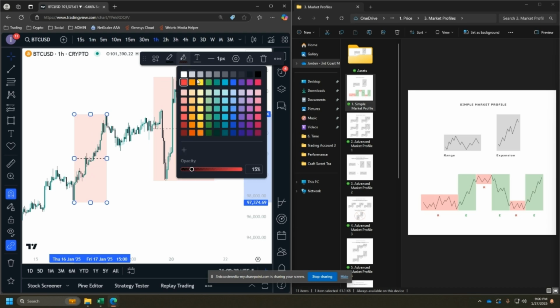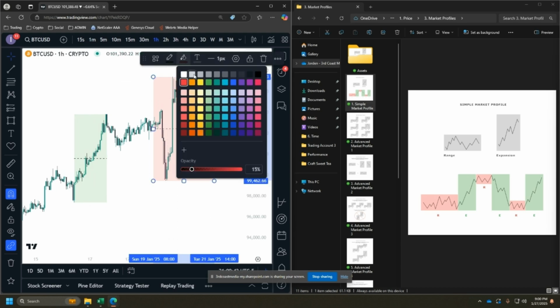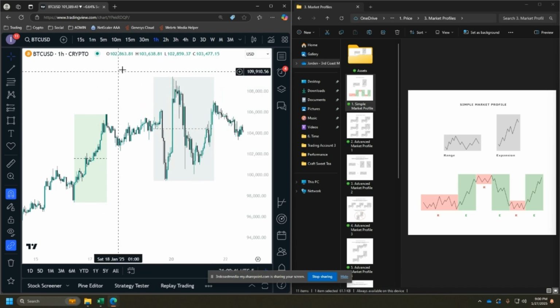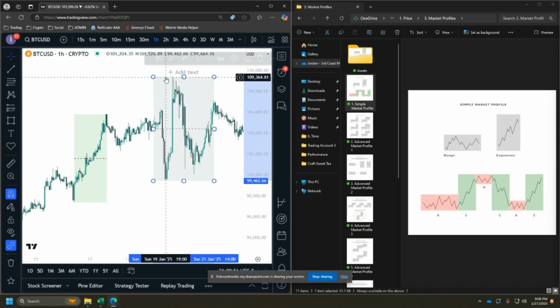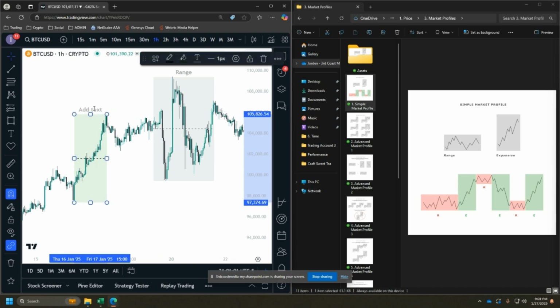So this would be our expansion upward, so we'll mark it green. And this would be our range, so we'll mark it gray. That's a range here. Range and expansion.